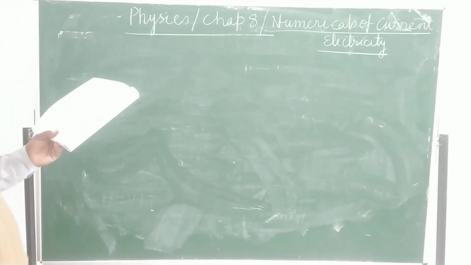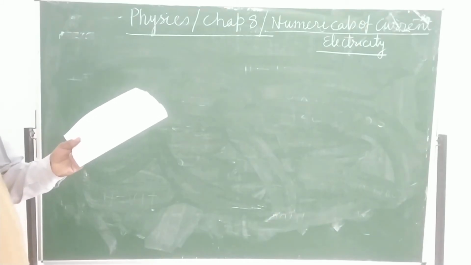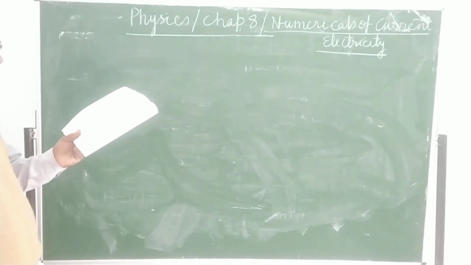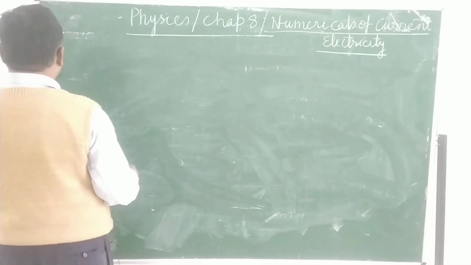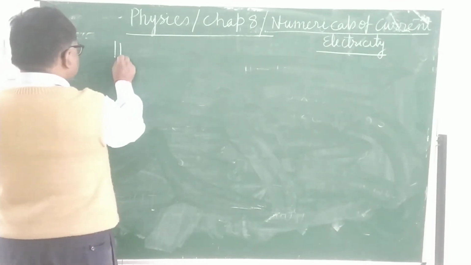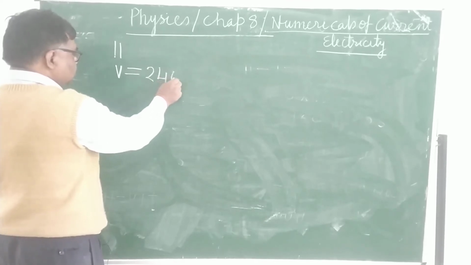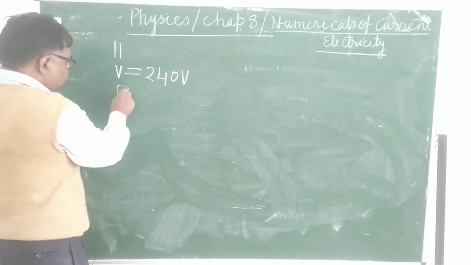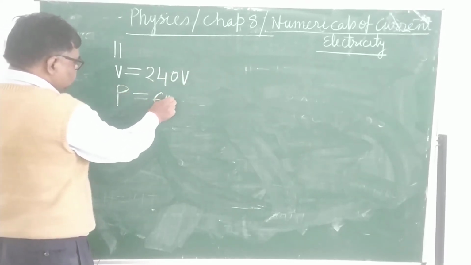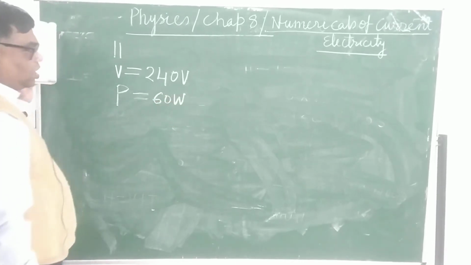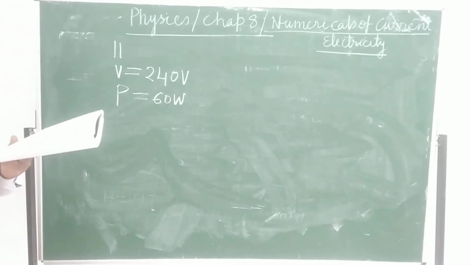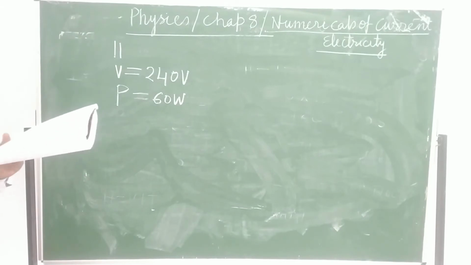What is the resistance under normal working condition of an electric lamp rated 240 volt 60 watt? V is given 240 volt and P is given 60 watt. Under normal working condition, you have to determine its resistance.